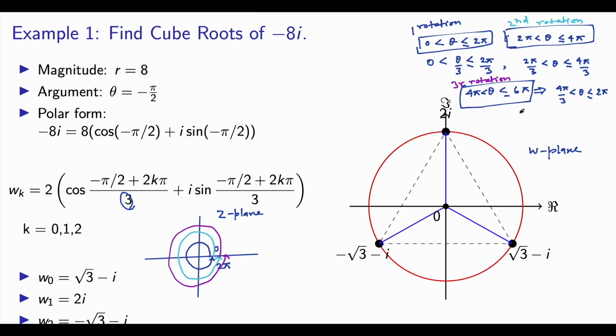So what has happened in this plane is that we are going to move only from 0 to 2 pi by 3, right? And then in the second rotation, I'll be moving only this portion, and in the third rotation, I'll be moving till here.